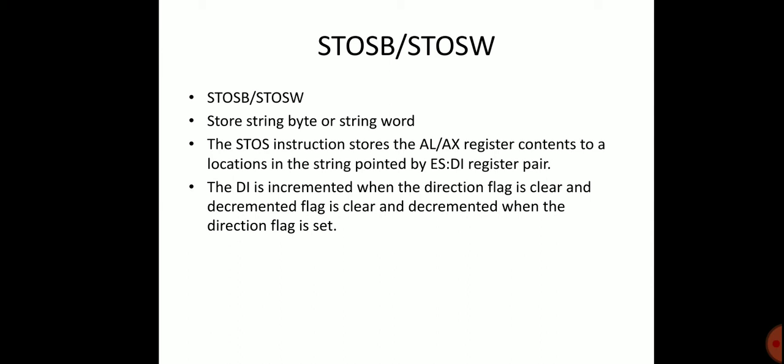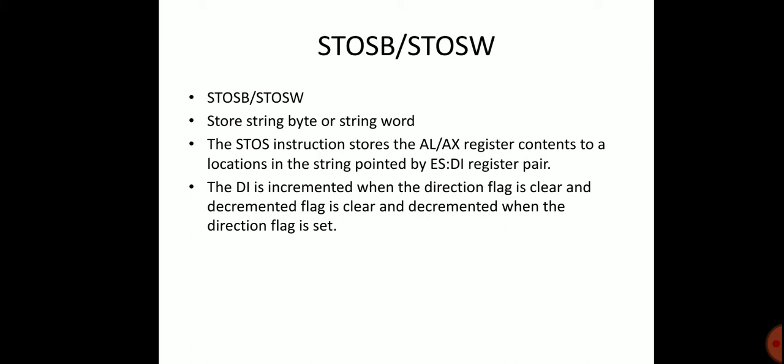Next, compare string byte and compare string word. The compare string instruction compares two strings of bytes or words, pointed to by the data segment source index and the extra segment destination index. If both operands are equal, the zero flag is set. If the source operand is greater than the destination operand, the carry flag is set.